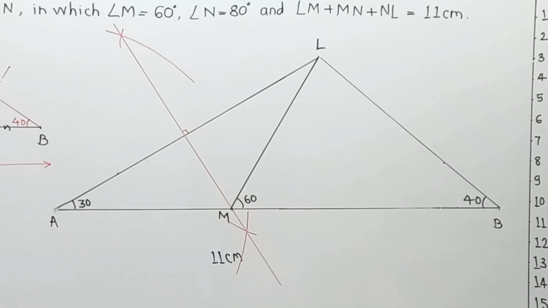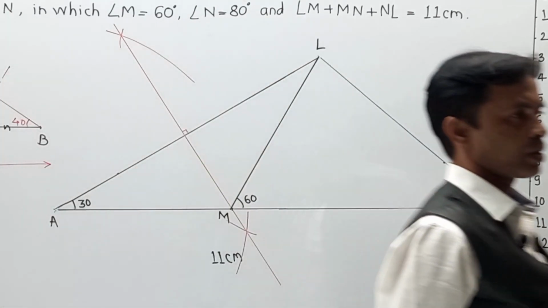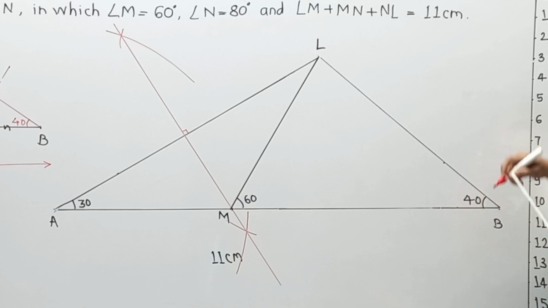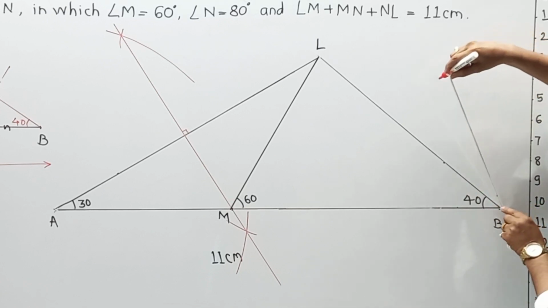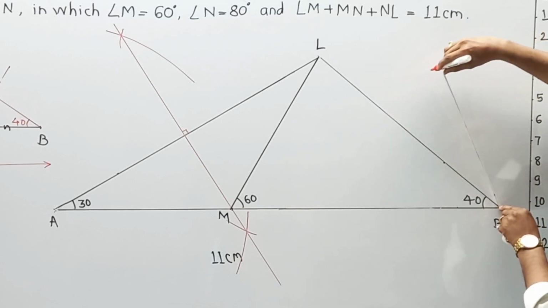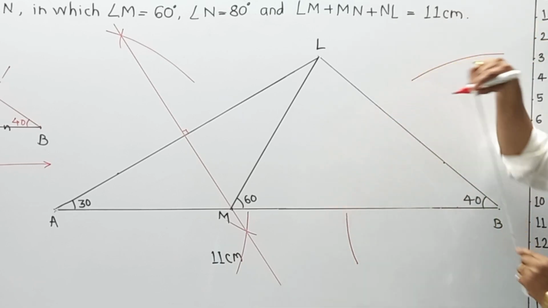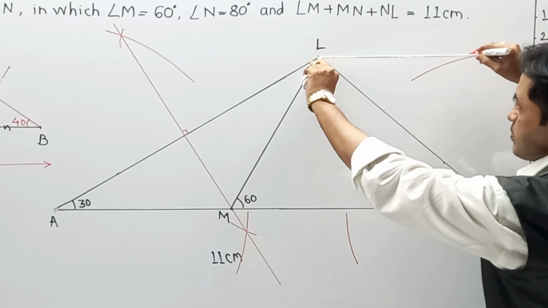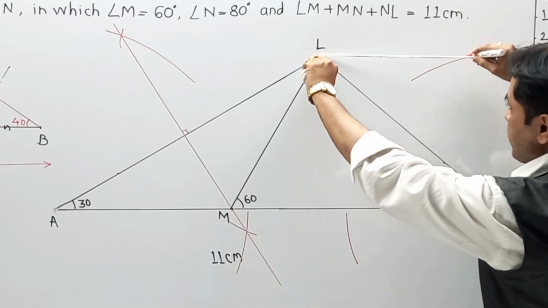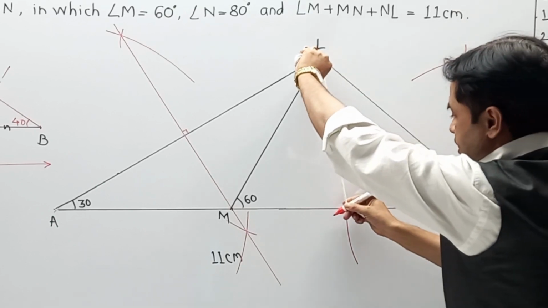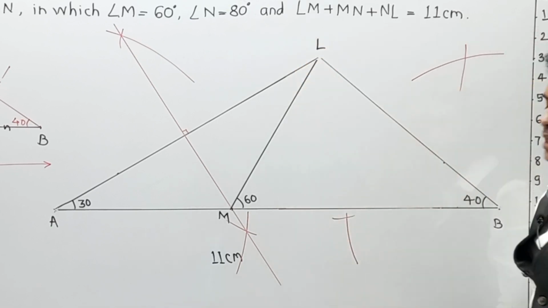Now in a similar manner, we have to draw a perpendicular bisector on LB. On LB, we are going to draw a perpendicular bisector taking a distance more than half. Your first arc is somewhere upward and second arc is downward. Keeping the distance same, from point L, one arc is upstairs and second arc is downstairs.